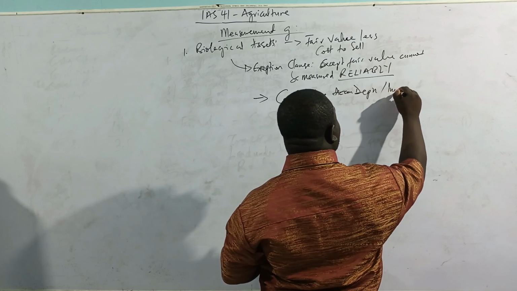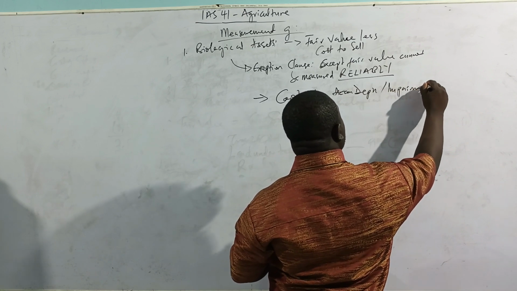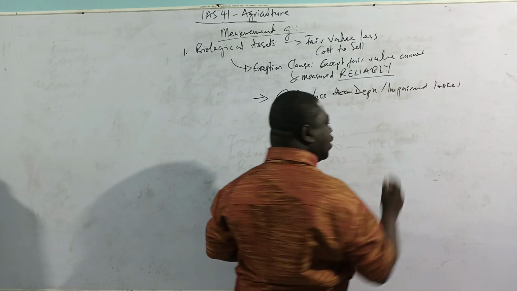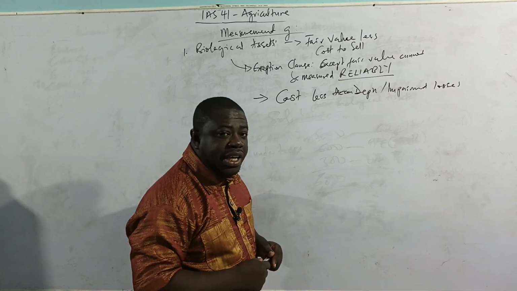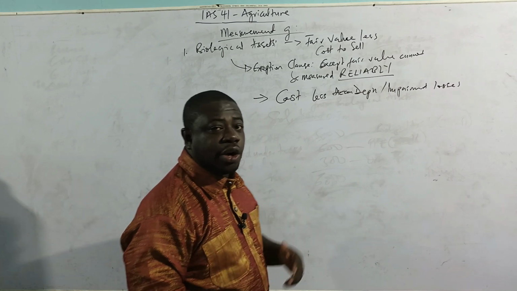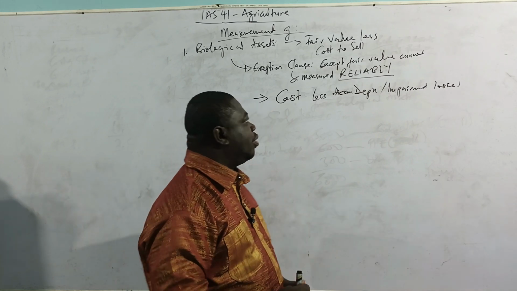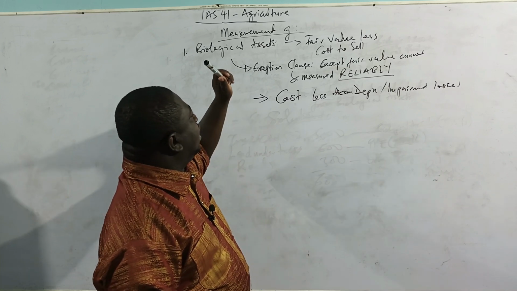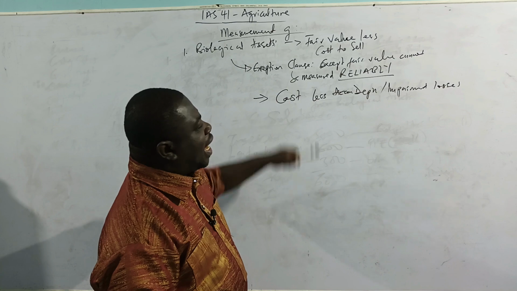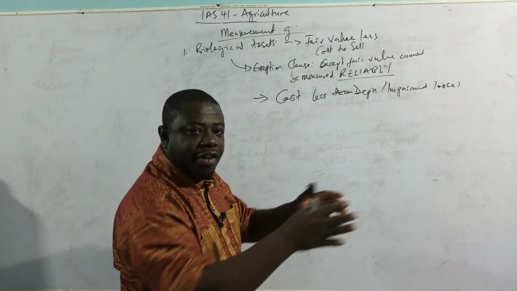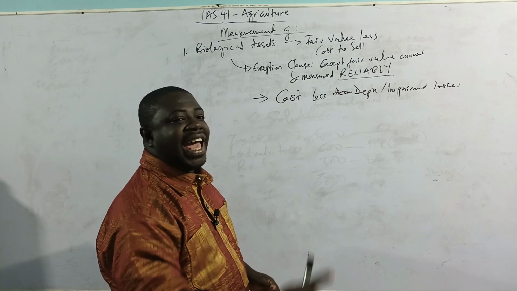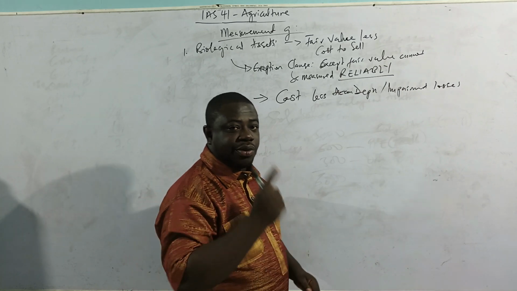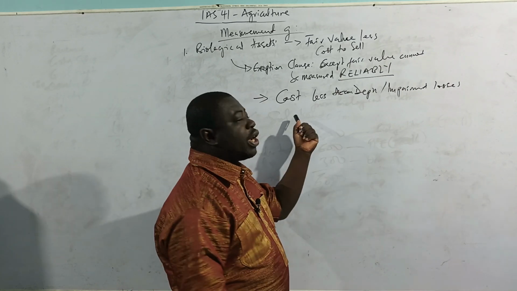or accumulated impairment losses. So in other words, those of you who know IAS 16 very well, you know about the cost model and the revaluation model or the fair value model. Now what we are trying to say is that the measurement of biological assets follows the fair value model or the revaluation model, except where the fair value cannot be measured reliably. And then we switch to the cost model.